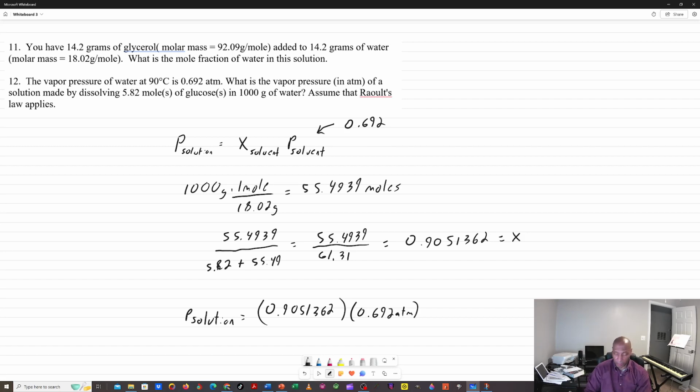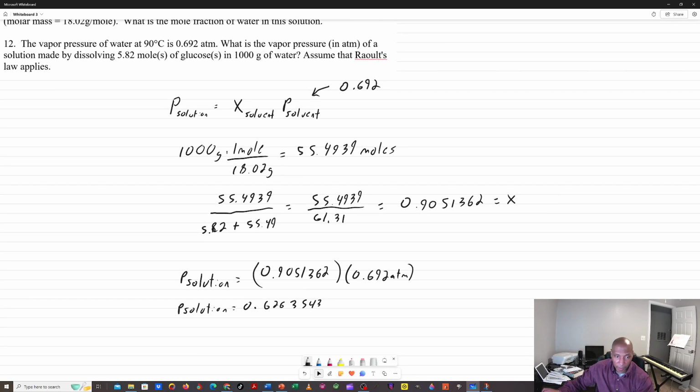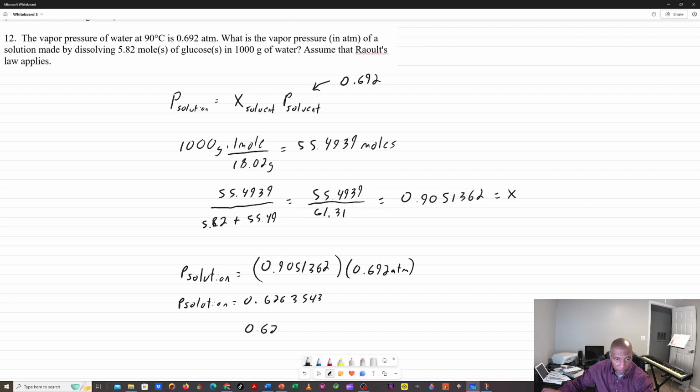Okay, so let's see what I have. 0.692 times 0.9051362 equals, so the vapor pressure of the solution, now this is only good to 3 significant digits, so it's going to be 0.626 atmospheres. All right, so that's going to be the answer to number 12.